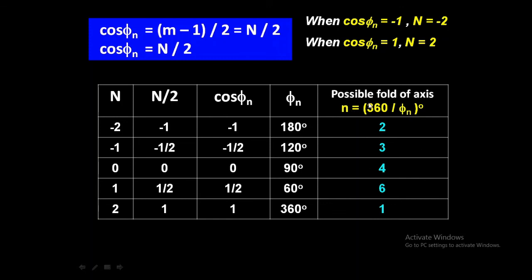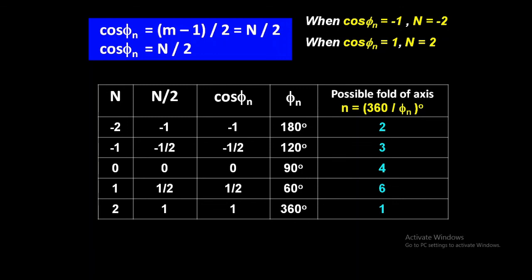So we are getting the values of n as 1, 2, 3, 4 and 6, but we are not getting the value 5 or 7.